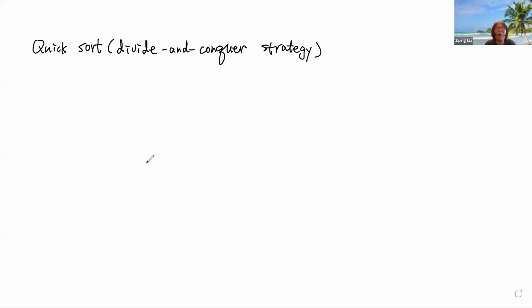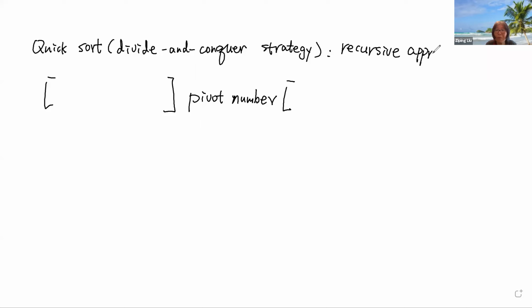What this divide and conquer strategy means is that you're going to have a pivot number. For quick sort, we're going to use a recursive approach. Around the pivot number, all of its left numbers are going to be less than the pivot.